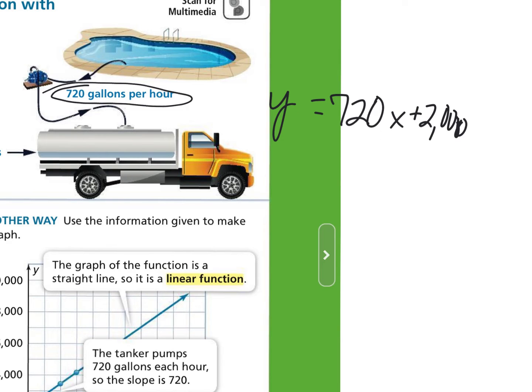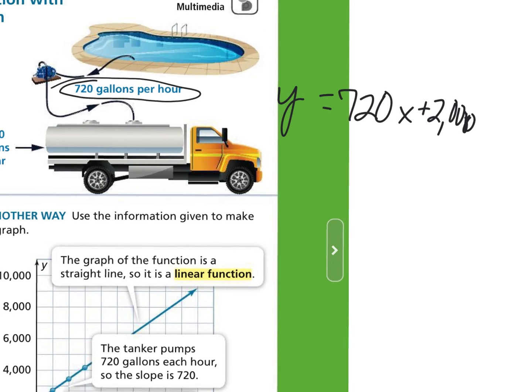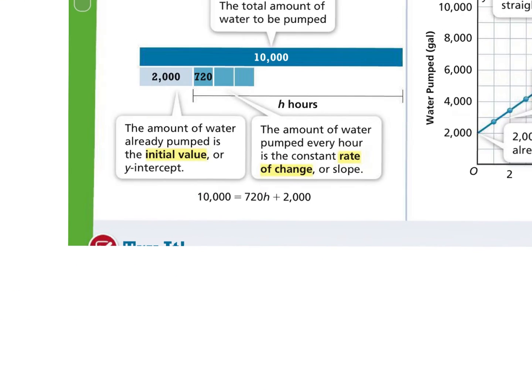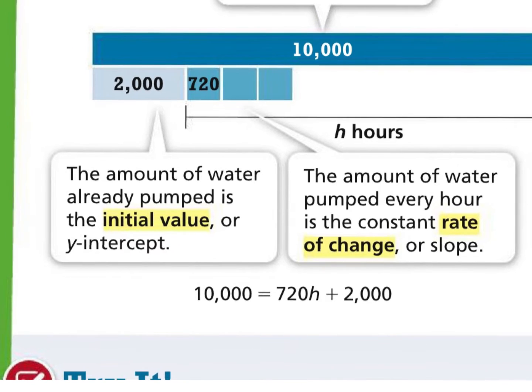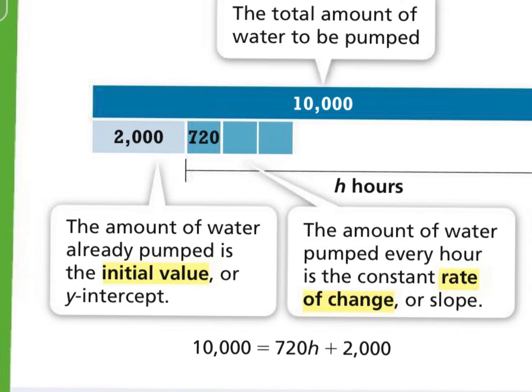And the book is using a similar equation a little bit further down to figure this out, because we're trying to figure out how long it's going to take to pump this out. Going back to that equation we just had, the 2,000 is our y-intercept.